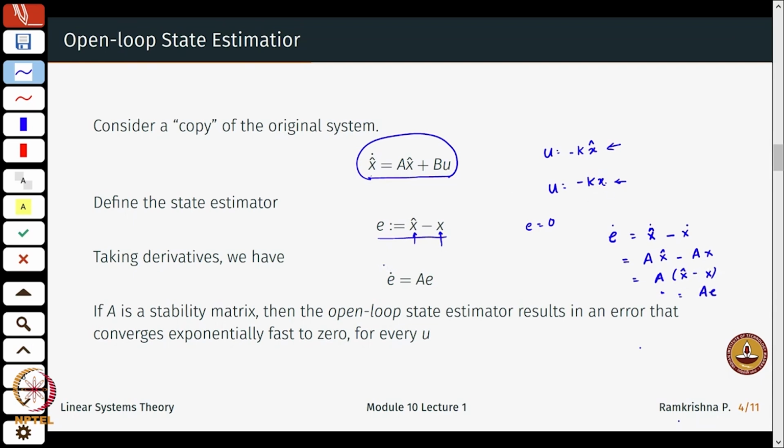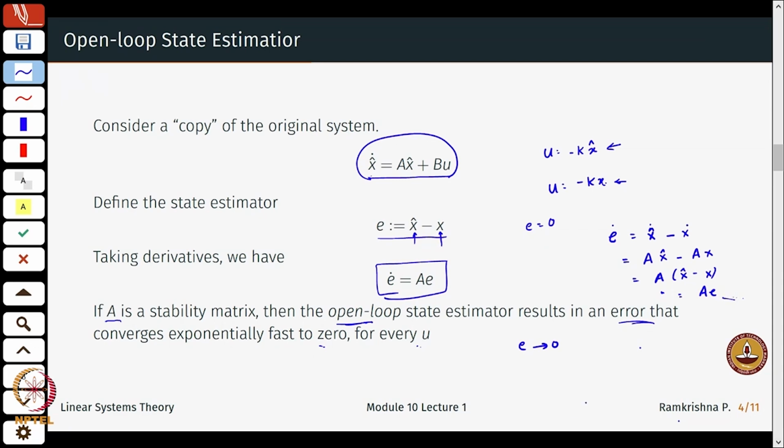So I have a system which now looks like this: e dot equal to A e. Now, I want e to go to 0. So, when is this possible? When does the error go to 0? Well, it is obvious. So far what we have learned is that if A is a stability matrix, then the open loop state estimator results in an error that converges exponentially fast to 0 for every u, right. So, there is nothing really depending on u here.